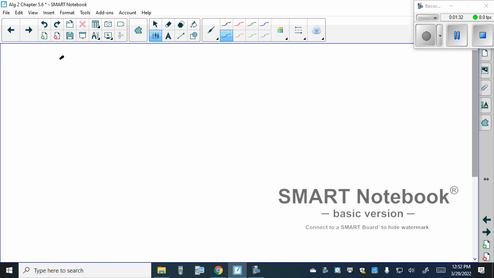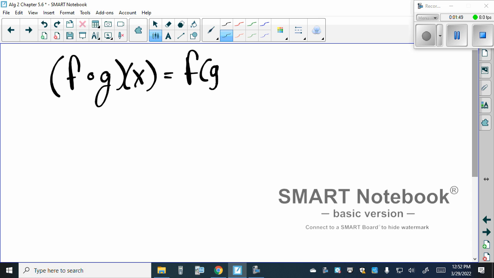The main way we write this notation is f of g of x, and it looks like it says fog. What this is the shorthand notation for is f of g of x.